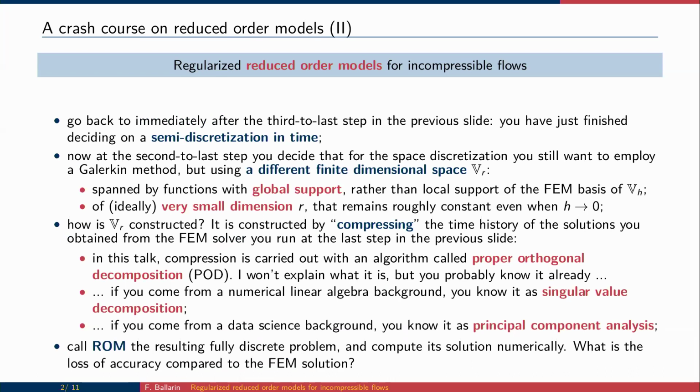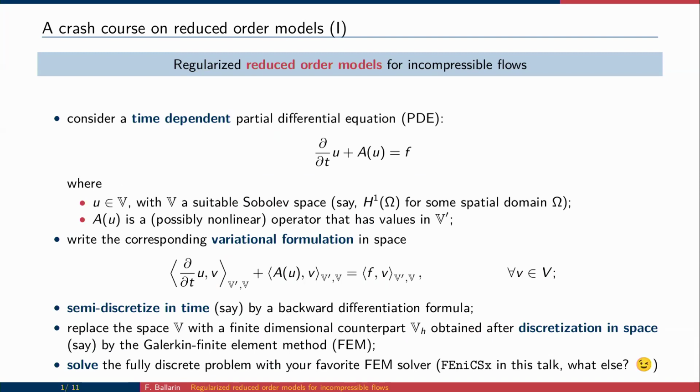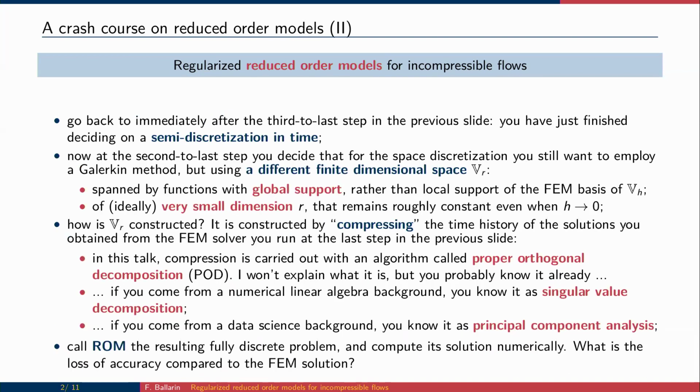What about reduced order modeling? In reduced order modeling, you imagine that you go back to immediately after the third to last step. So you have just semi-discretized in time. But when carrying out the second to last step, you decide to use for the space discretization a different space. So you will end up using a Galerkin method on a different finite dimensional space that in the following I will be calling VR.